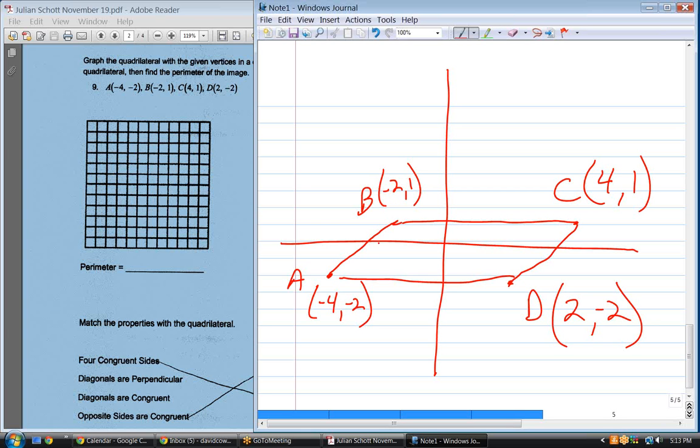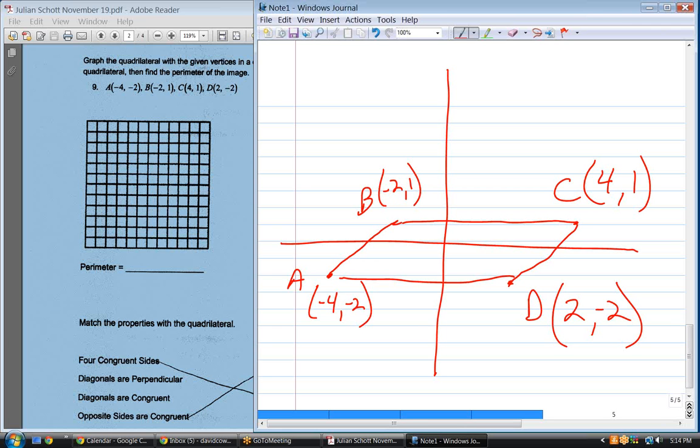If I'm trying to prove that AB is parallel with CD, then all we need to figure out is the slope. I already know that BC is parallel with AD, because they're both horizontal. But I can't know for sure if AB is parallel with CD until I look at their slopes. Well, what's the slope of AB?